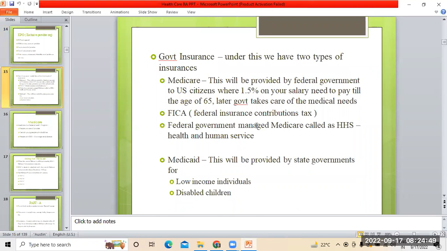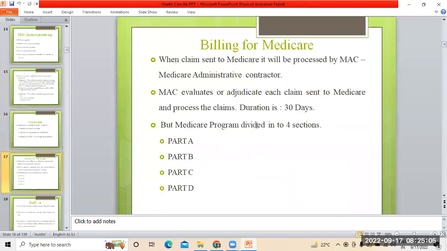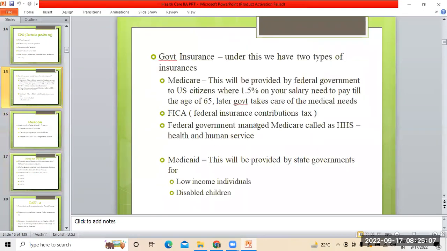Now, when it comes to government insurances, this is an explanation about Medicare and Medicaid that I'm giving you. They depend on two different things: one is under the federal government, and the second is provided by the state governments.